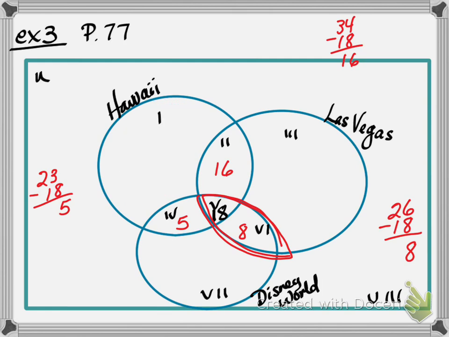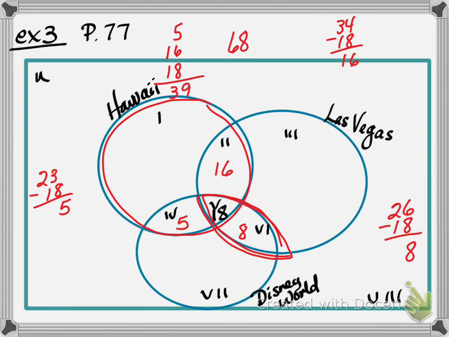well, the circle for Hawaii is all the people that chose Hawaii. And the information in the book says 68 wanted to go to Hawaii. Well, we already have 5, 16, and 18 people in the Hawaii circle. We need to add those up. 39.